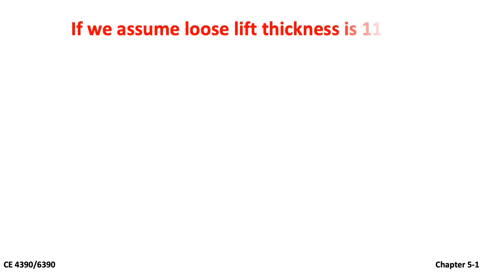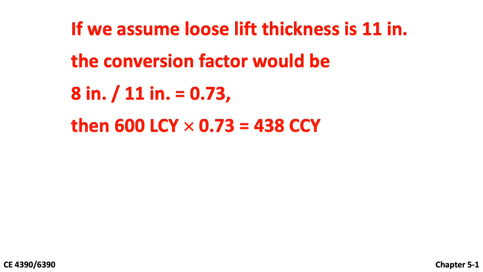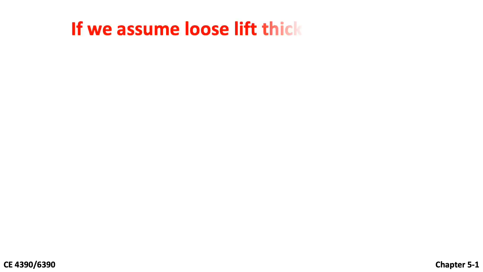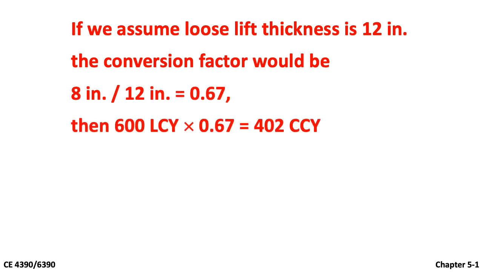If we assume loose lift thickness of 11 inches, the conversion factor would be 0.73, then we got 438 CCY. If we assume loose lift thickness is 12 inches, the conversion factor would be 0.67, then we got 402 CCY.